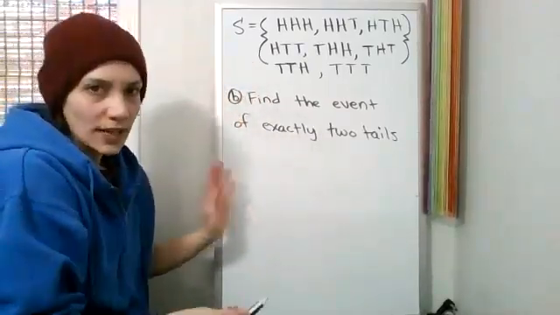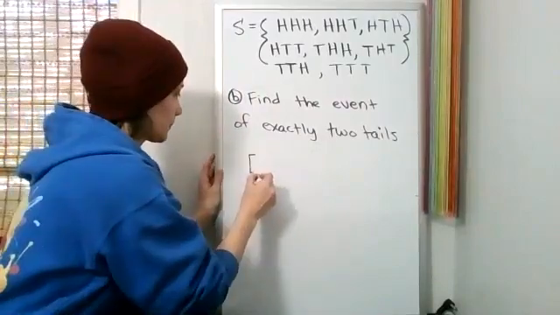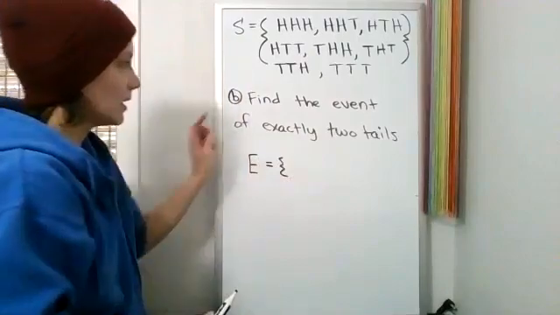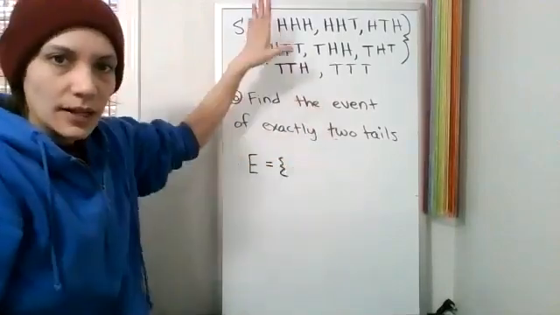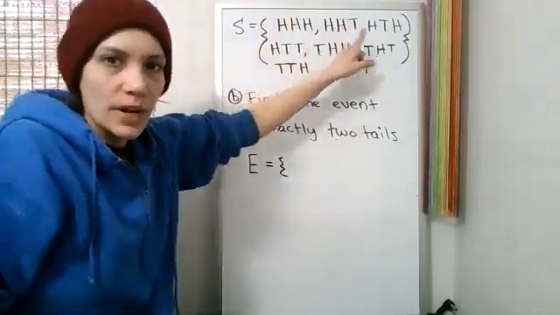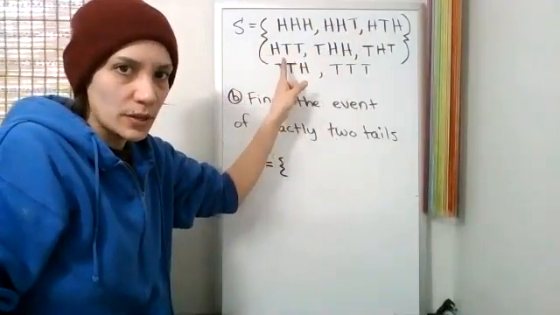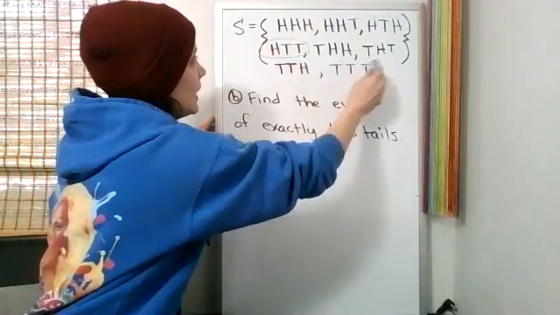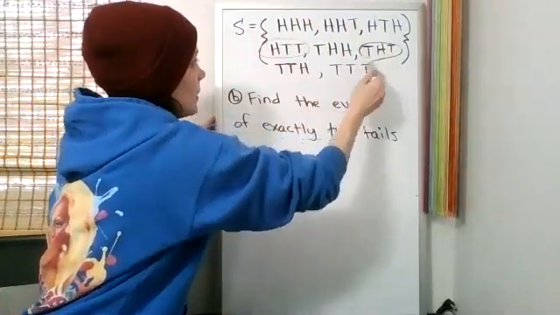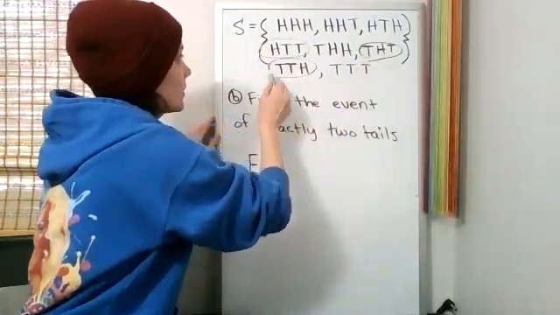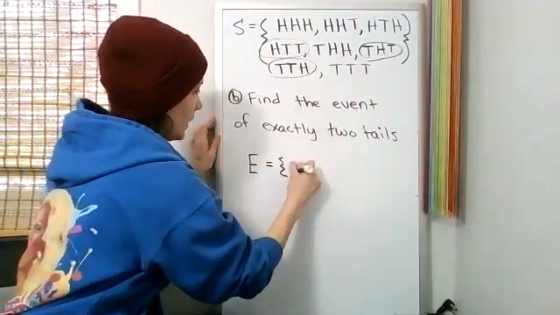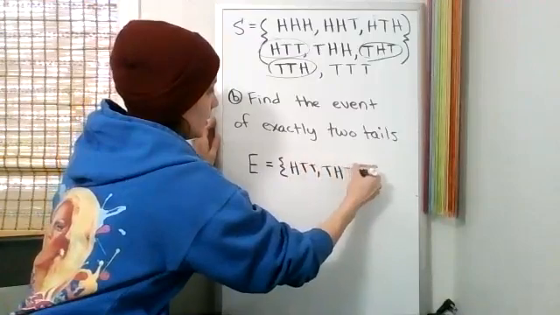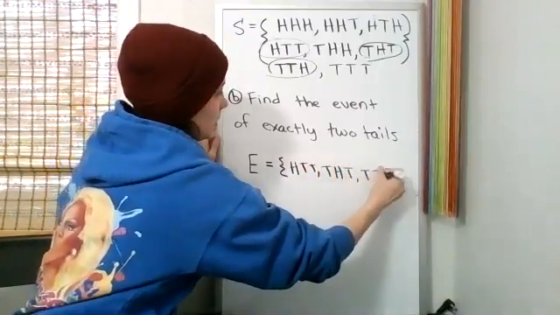Our event we call capital E, and it equals this set that contains, well, I think we'll circle everything first. So right here's the first place where there's 2 tails. And this has 2 tails. And this has 2 tails. Tails, tails, heads. Tails, heads, tails. Heads, tails, tails.